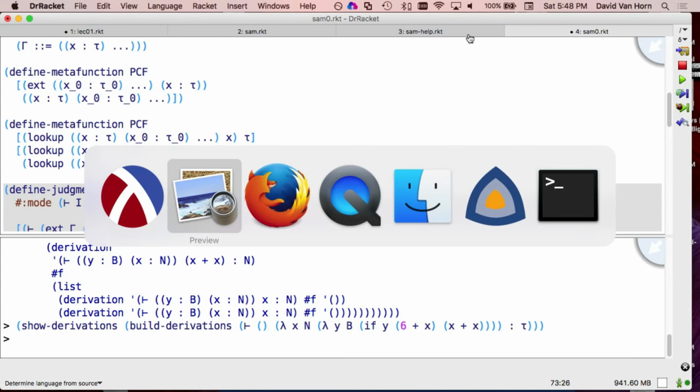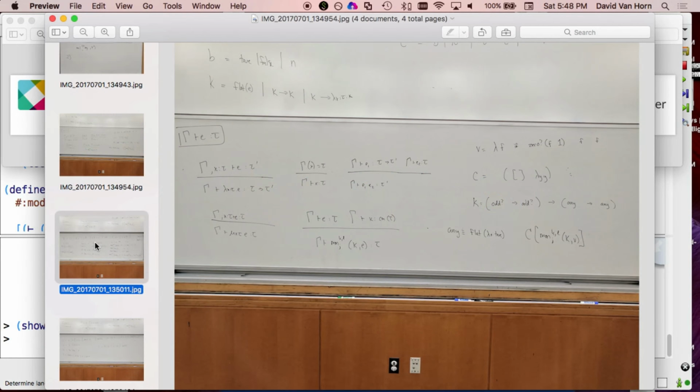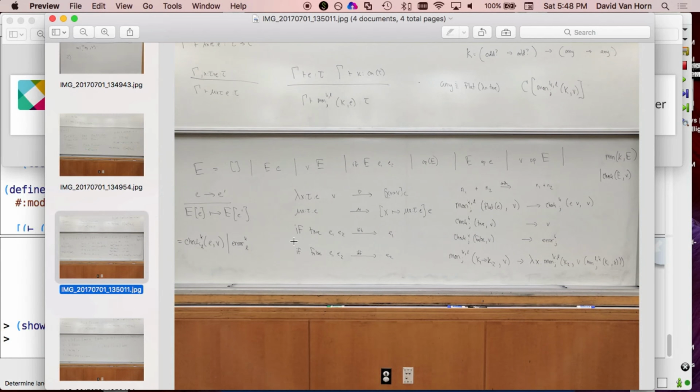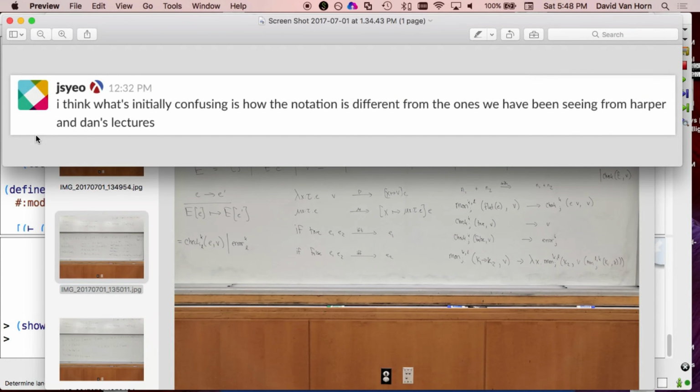So the next thing that Sam was showing was the dynamic semantics. Okay, so he did the static semantics, and then he showed the dynamic semantics. And one thing I saw go by on Slack was that this is sort of part of the disconnect that happened.